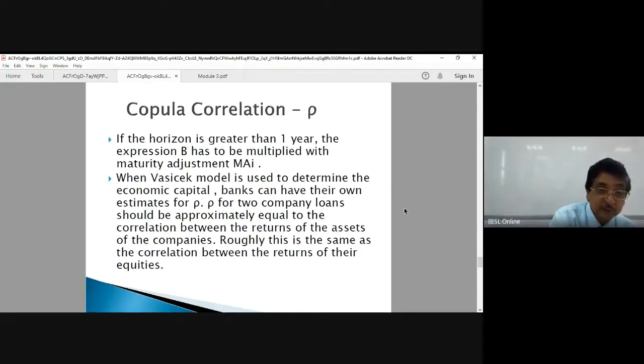So if that is the case, you need to multiply the factors which we already studied with another factor called MA, that is maturity adjustment. Now banks can have their own estimate for this rho. Rho is the correlation coefficient between the pair of loans.